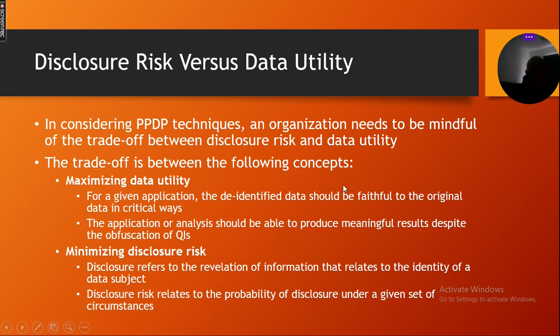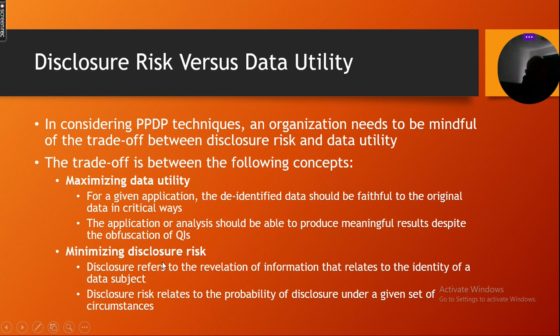And the trade-off is between this concept, maximizing data utility, how we maximize the use of data, okay? The de-identified data should be faithful to the original data in critical ways. The application of the analysis should be able to produce meaningful results despite the obfuscation of the QI.